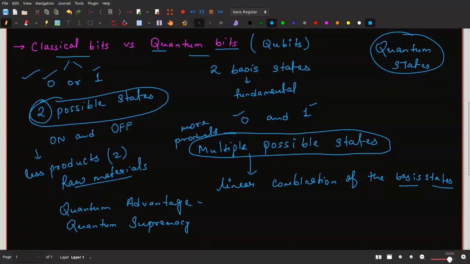These are the two words that we use. Okay. Advantage, this word we use when, let us say, classical is also able to solve it, but quantum is able to do it more efficiently. So this is when a more efficient task is happening. But we use the word quantum supremacy when quantum is able to solve something that classical is not able to solve.